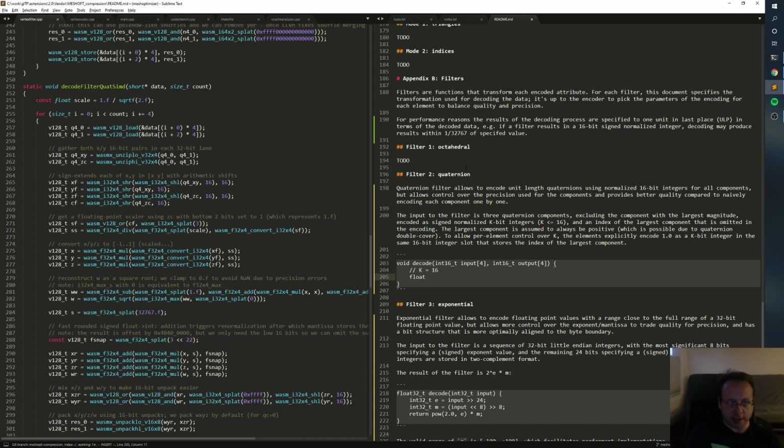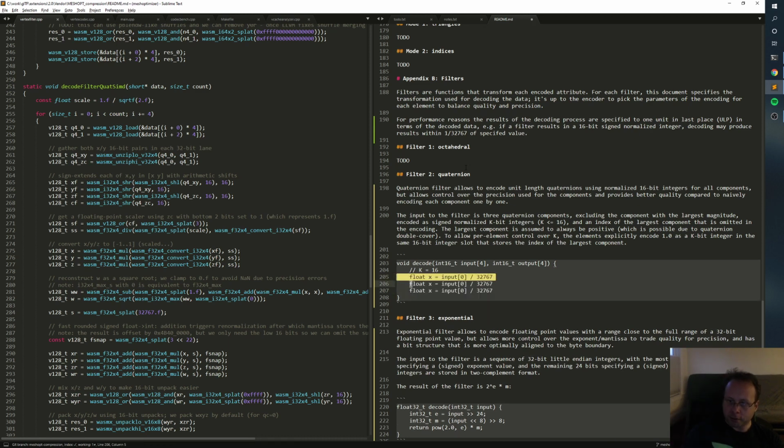So let's say that x is input 0 divided by this. And then we'll do the same here. So now we have three components of the Quaternion.